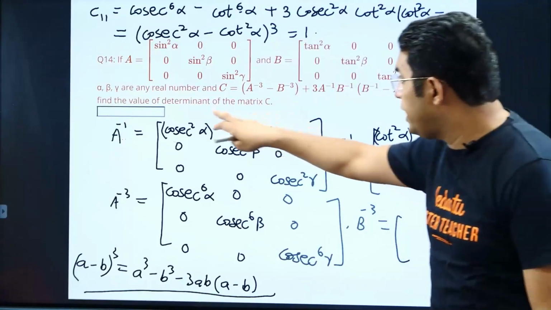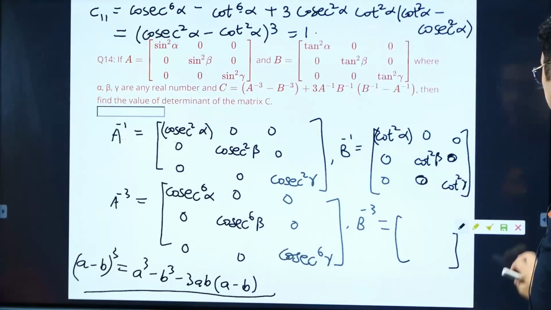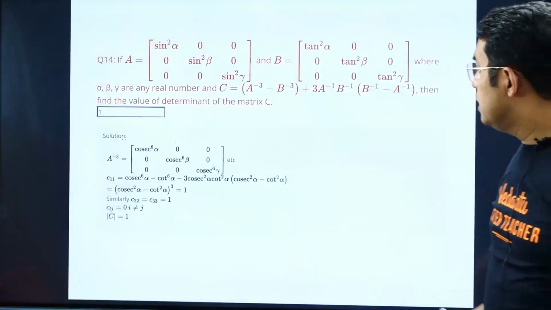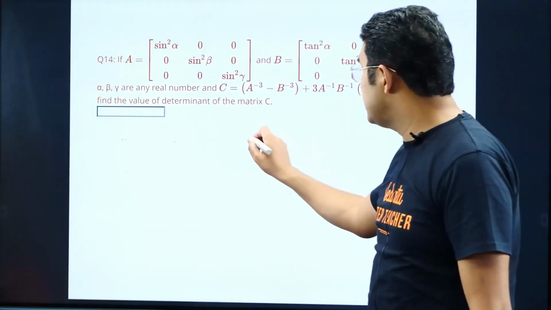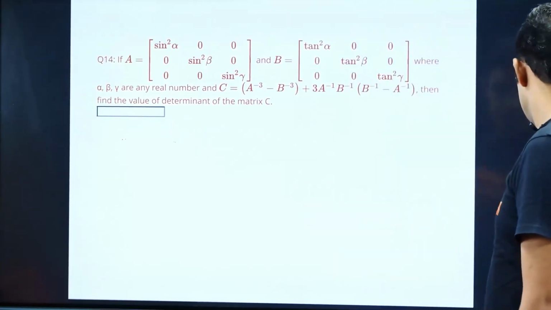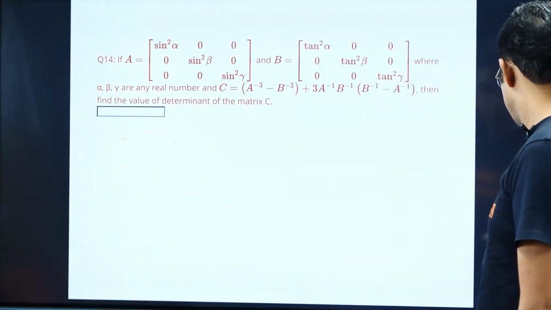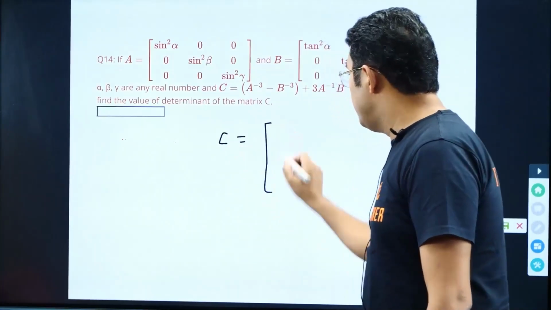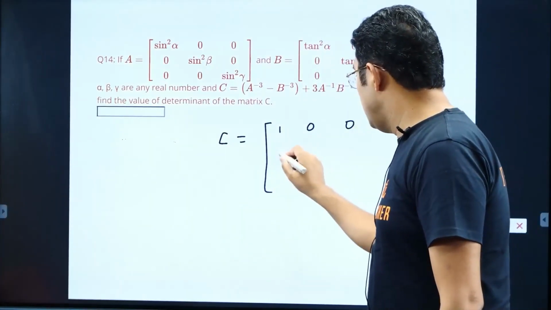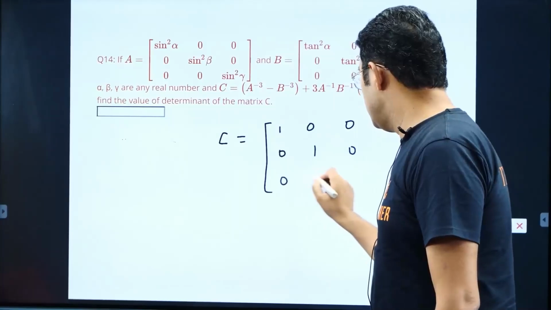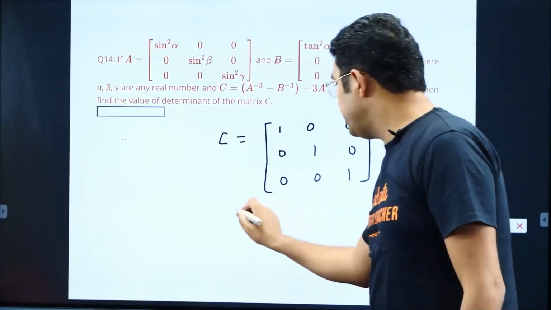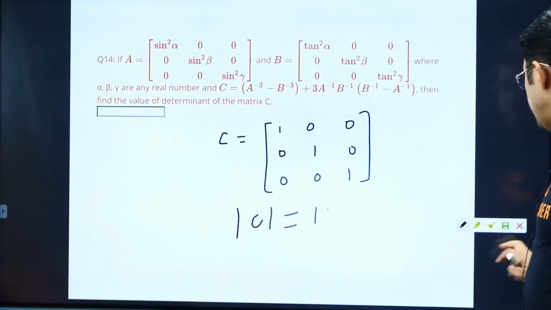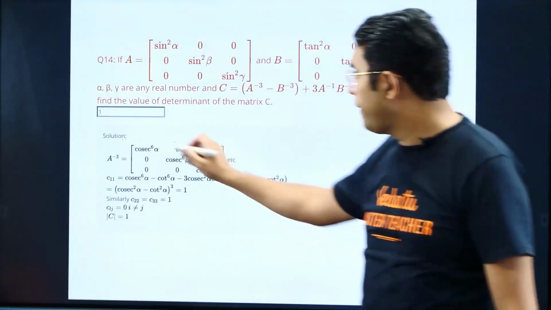Then you can find the determinant of matrix C. C has now become 1 0 0, 0 1 0, 0 0 1. So the determinant of C, that is what we are looking for, will be equal to 1. So that is the answer for this question, 1.